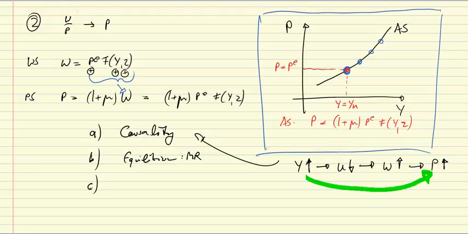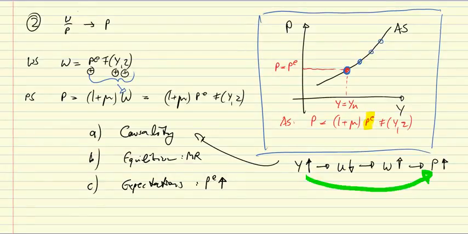And third, I want to talk about what happens when expectations change. So how would a rise in PE affect this curve? You see here that PE enters the AS relationship as an exogenous variable on the right hand side, and it has a positive impact.